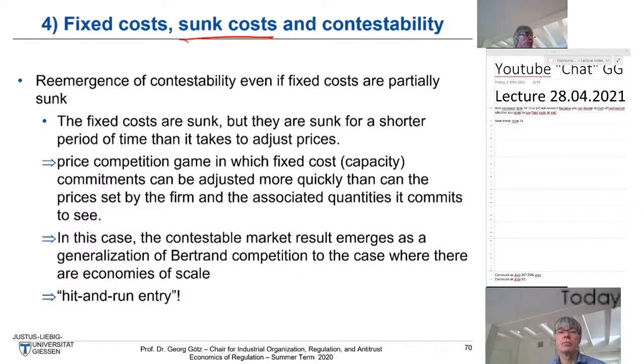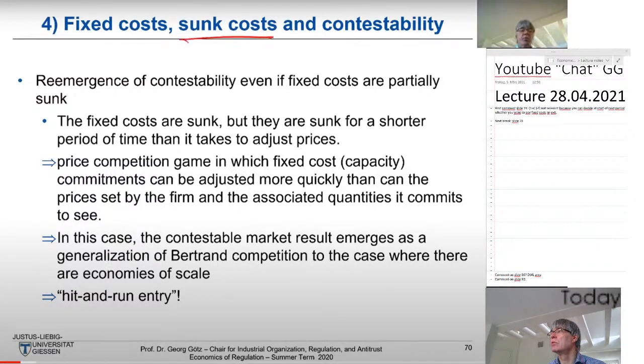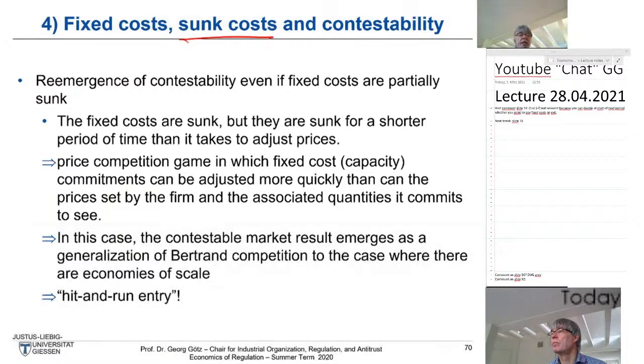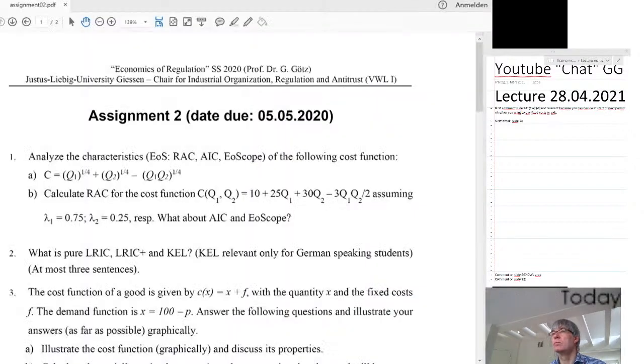Actually, that's good that we didn't do. I think I can show that what we didn't do, if I find it, in the assignment. I have to show it as well here.